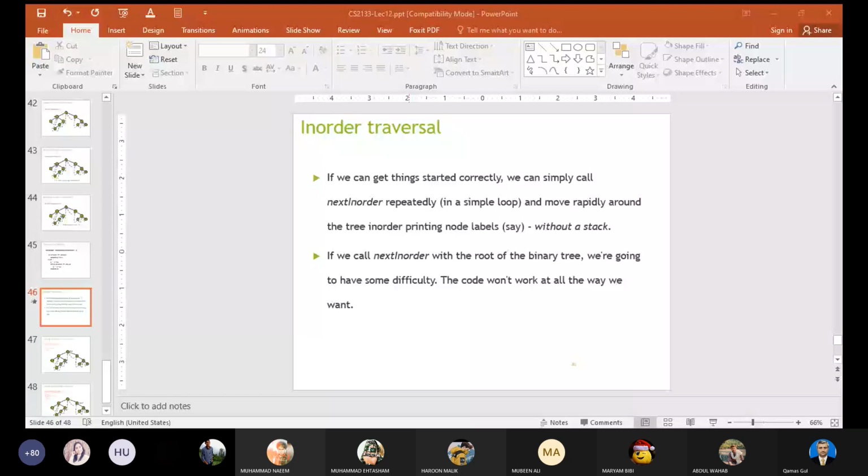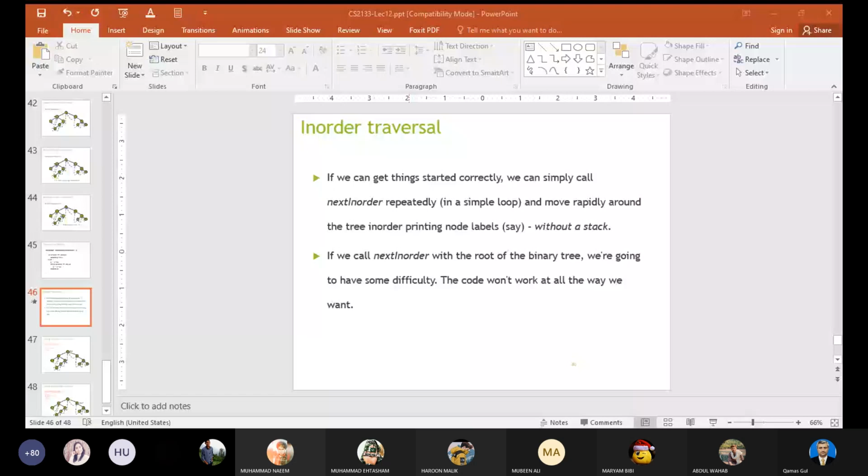And this code is based upon this diagram. The code is just like this. And we have just put these 6 steps within a routine called next in order, and we have used the if else statement and the while loop.